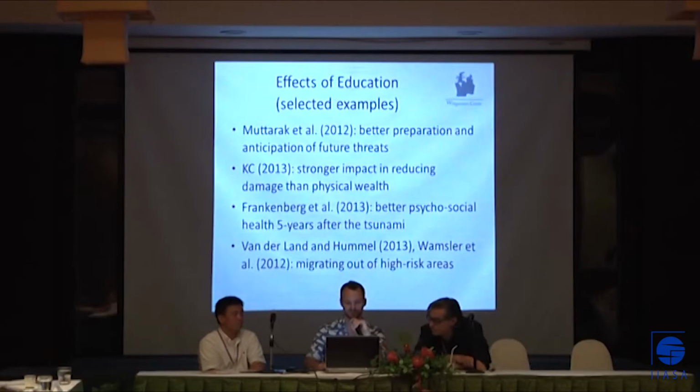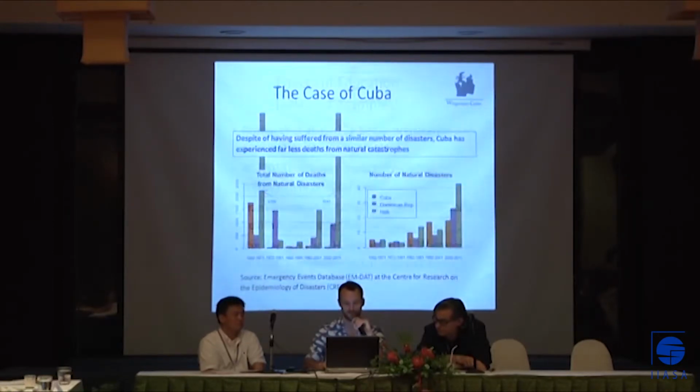And then there are studies dealing with migration, which show that education is also quite important for opening up that possibility of coping. One study where I was involved personally, together with my colleague Adelheid Pichler from the University of Vienna, deals with the case of Cuba.